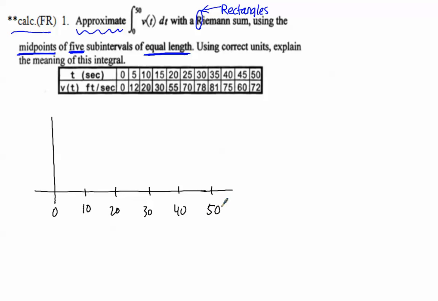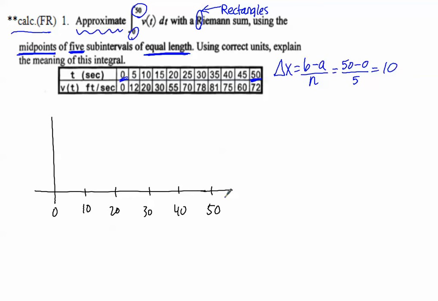And if we're using 5 subintervals of equal length, going from 0 to 50, remember how we find those widths? B minus A divided by N. If they're equal width, 50 minus 0 divided by 5, they're all going to be 10 units long. Each width is 10 units.